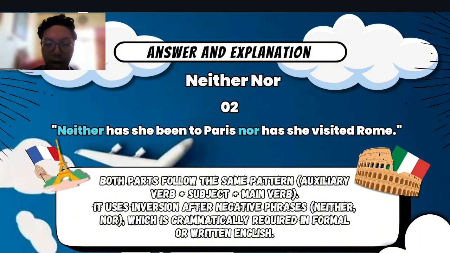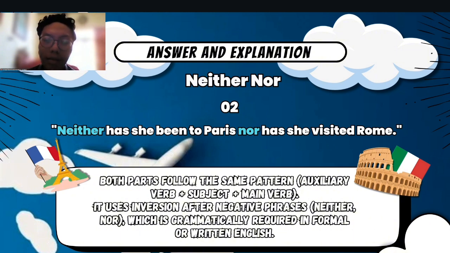Both parts follow the same pattern: auxiliary verb plus subject plus main verb, and it uses inversion after the negative phrase neither nor, which is grammatically required in formal or written English. Again, inversion with has she makes it more formal and expressive.